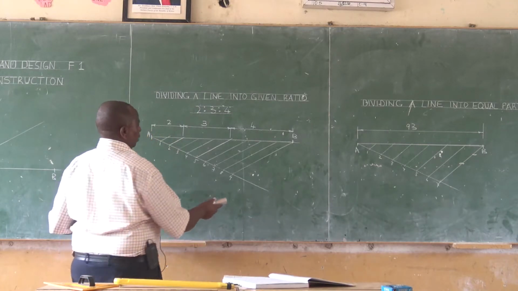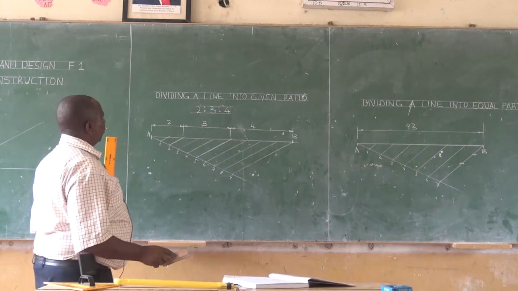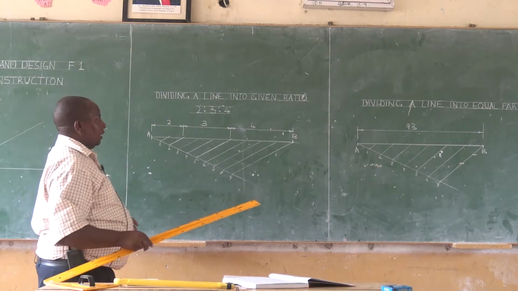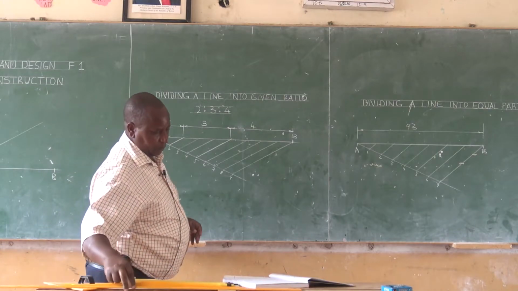And that should complete our task for proportional division of a line, or dividing a line into a given ratio of parts.